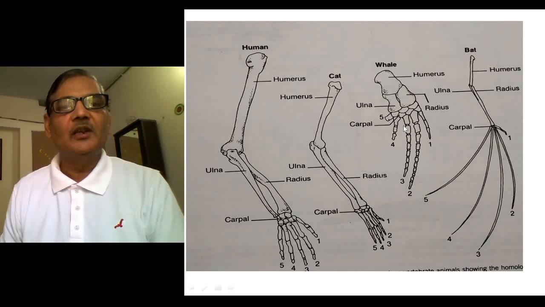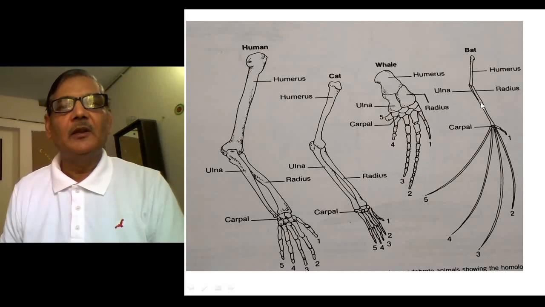A whale is adapted for its aquatic mode of life. See these phalanges here. These structures are covered with a skin flap and used as oars to move the water. So they are efficient swimmers. They can swim in the water.